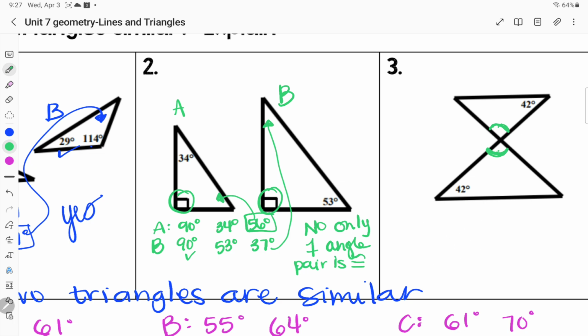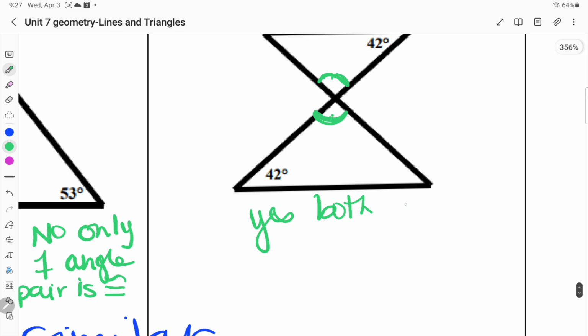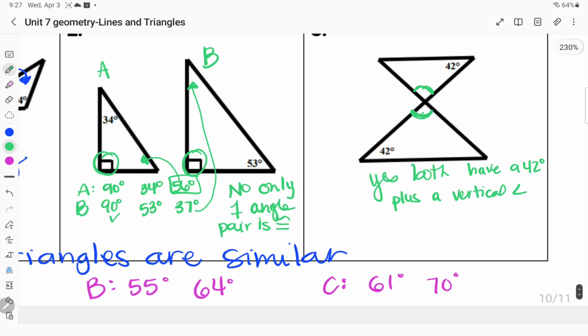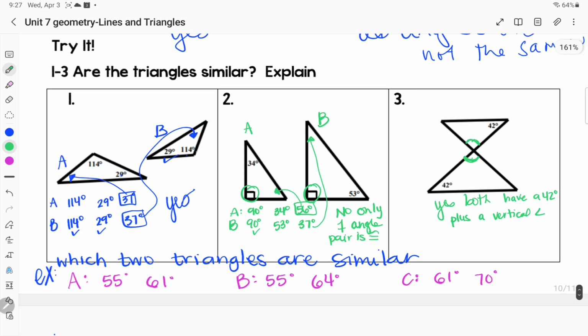So this one would be yes. Both have a 42-degree angle plus the vertical angle. That's what makes those ones similar, which means their angles are all congruent.